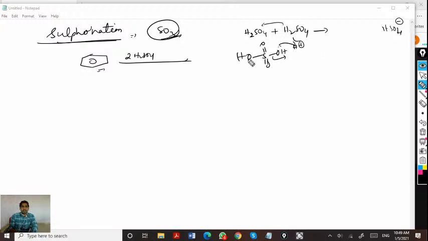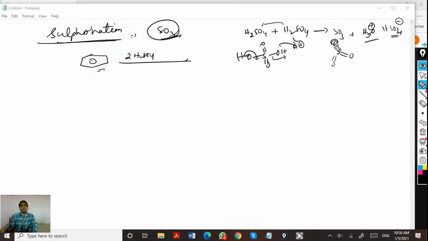At the same time, this also gets eliminated, resulting in SO3. This is a double bond, this is a double bond, and this is a double bond, so SO3 is going to form here along with the H2O molecule. This can be written as H3O plus, because this is minus and this is plus.